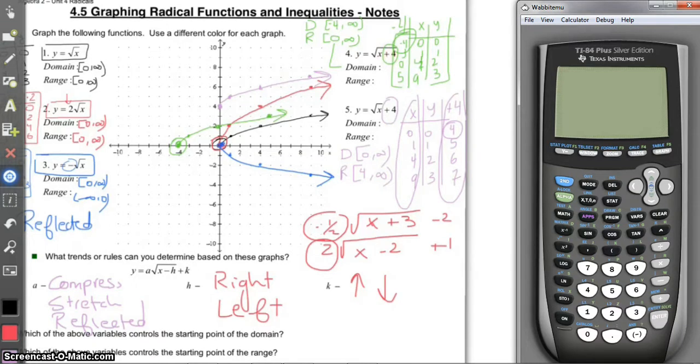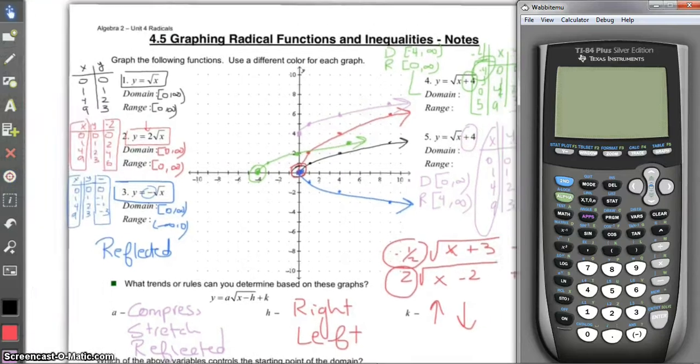It gives me the starting point of my domain. Now, as for the range, as you can see, there's nothing on the outside of the radical. That's a 0. And over here, there's nothing inside with the x. There's no h. That's why the domain is a 0. There's a 4 on the outside. That's why the range starts with a 4.